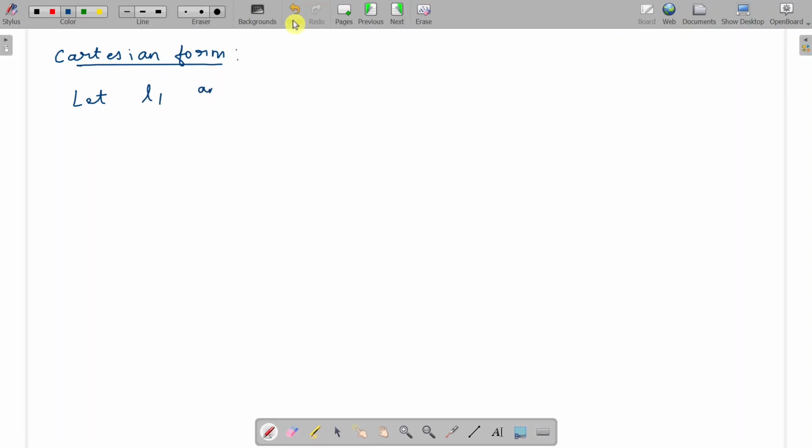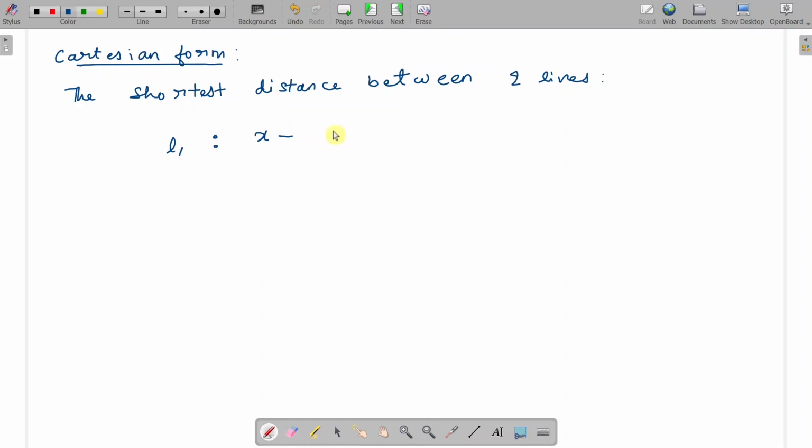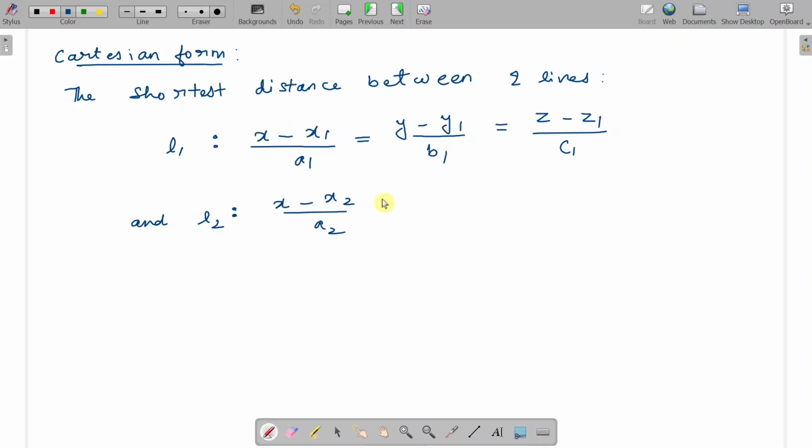We take the Cartesian equation of the line: L1 is x minus x1 divided by a1 equal to y minus y1 divided by b1 equal to z minus z1 divided by c1, and L2 is x minus x2 divided by a2 equal to y minus y2 divided by b2 equal to z minus z2 divided by c2.